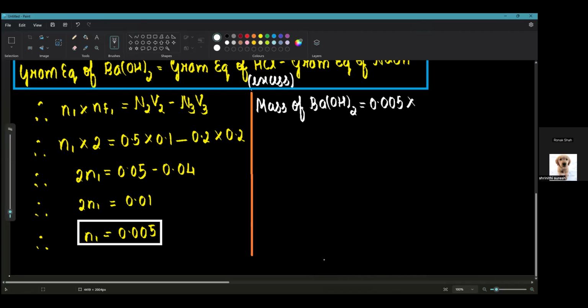The molar mass of barium hydroxide is 173. What is the mass of O? 16, two is 32, 34.